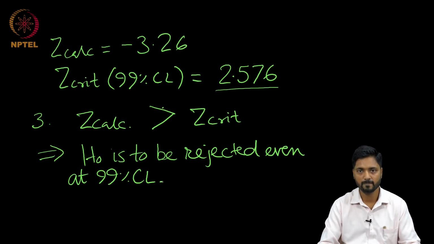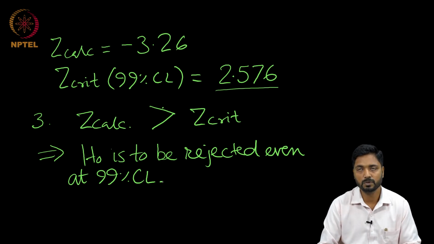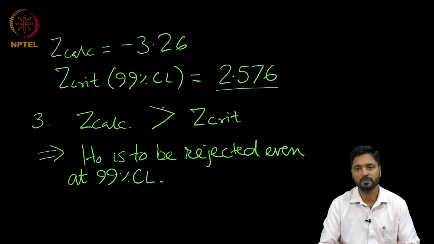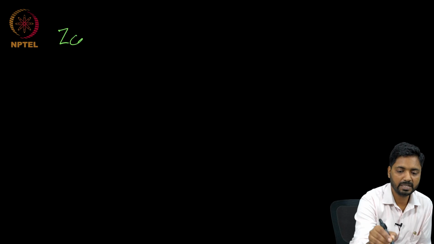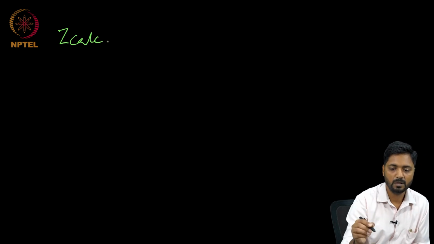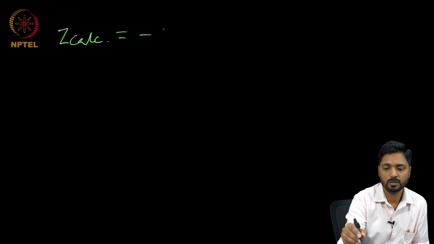However, if the mean weight of the 30 students that we are dealing with is not just different, but is lower than the population mean, which is 30.8 kilograms, in this case we will be applying the one-tailed test, and the z calculated value, however, will not change.